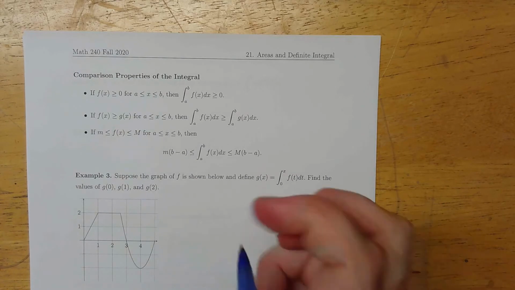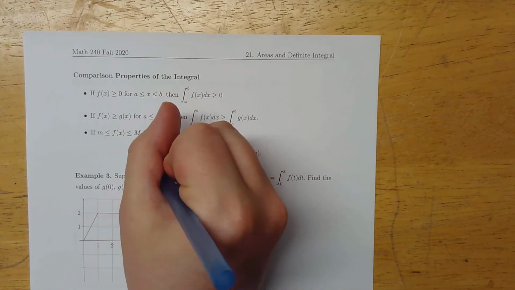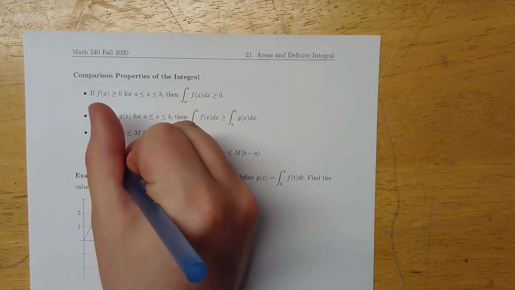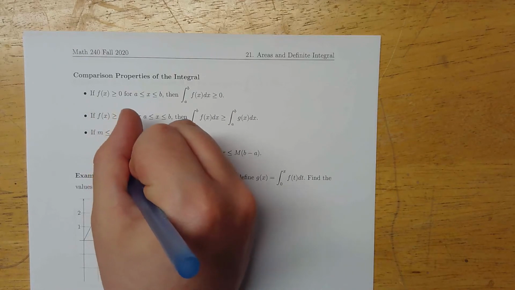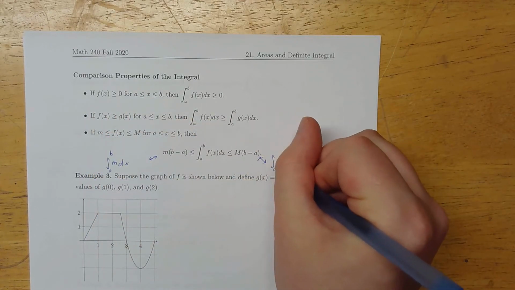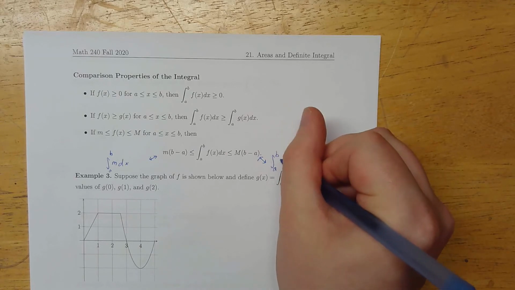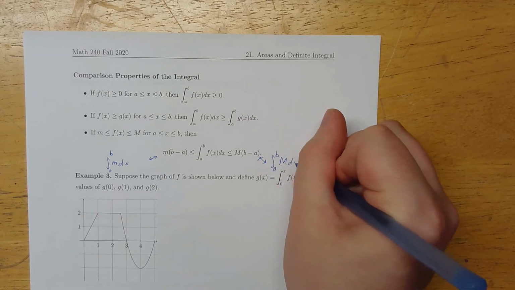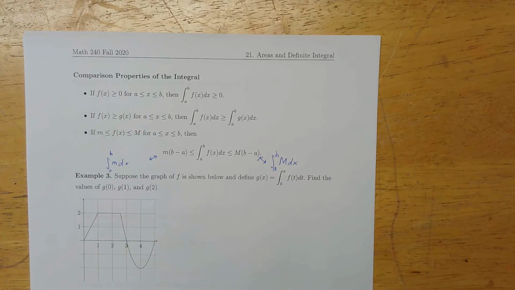So again, to think about it, this is just the integral from a to b of little m dx, and this is the integral from a to b of big M dx.